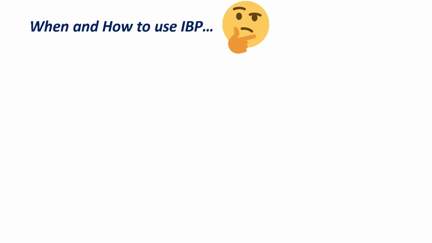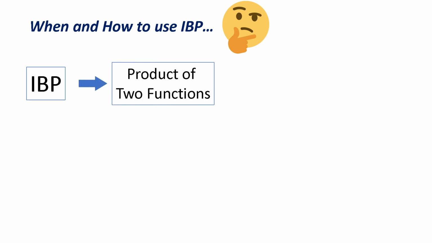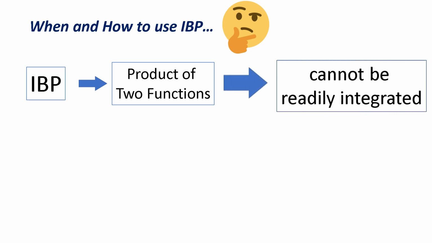So when and how shall we use the integration by parts formula? This formula is applicable to the product of two functions, and these two functions cannot be readily integrated using those formulas listed previously.